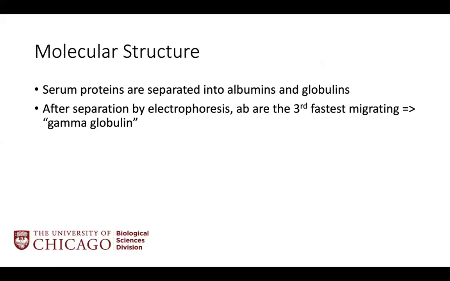Okay, so in general, serum proteins are separated into albumins and globulins. We can separate these by electrophoresis, and antibodies are in the third fastest migrating group of globulins: alpha, beta, gamma. So they are called gamma globulins.